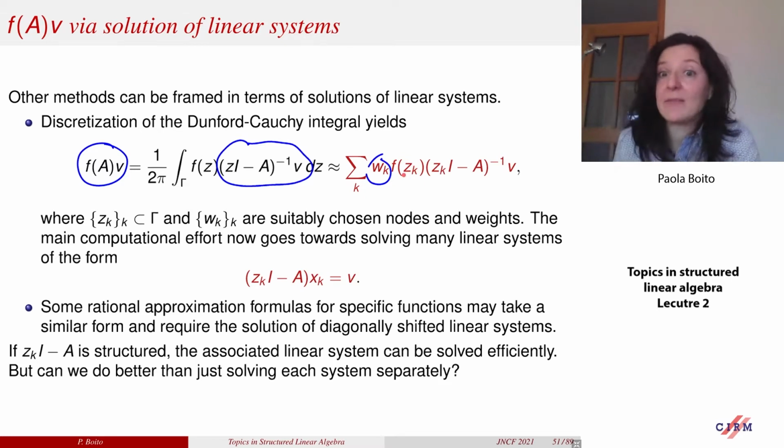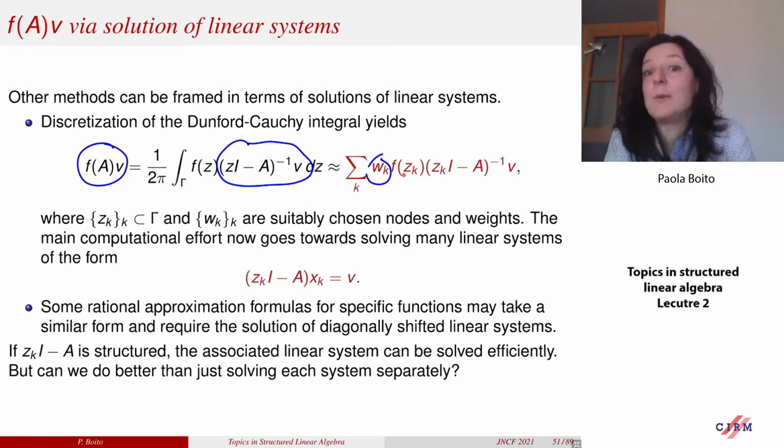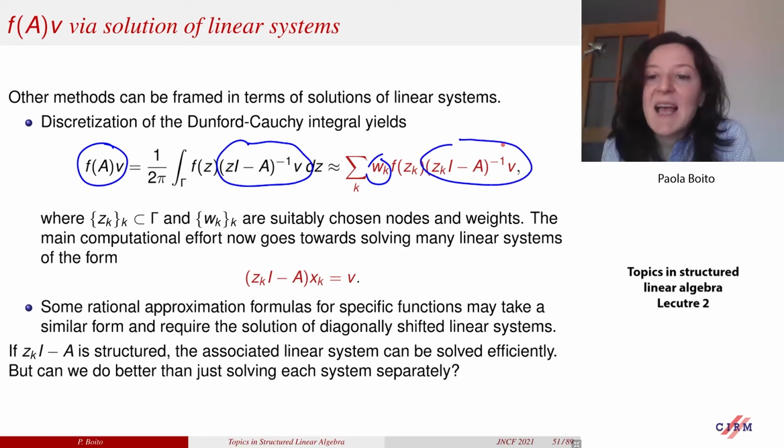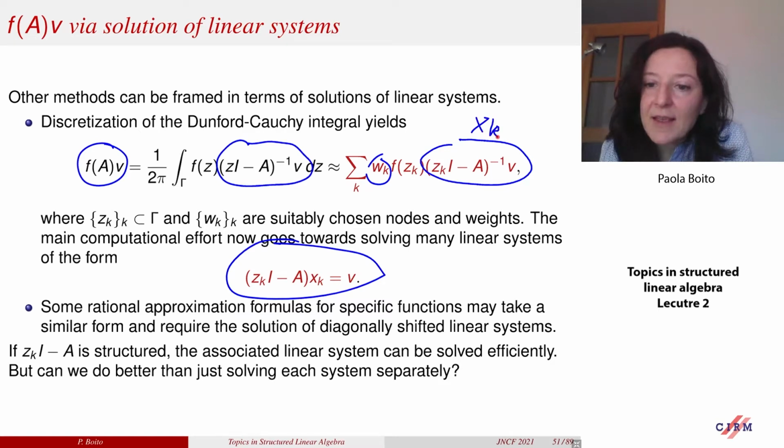I have to choose weights and nodes for my quadrature formula, right? It could be the trapezoid formula, for instance. So weights times f of z_k times, and there we go again, the solution of this linear system of this form. Here we have this x_k, that is a solution of the linear system with matrix z_k times identity minus A, and the right-hand side is our vector v.